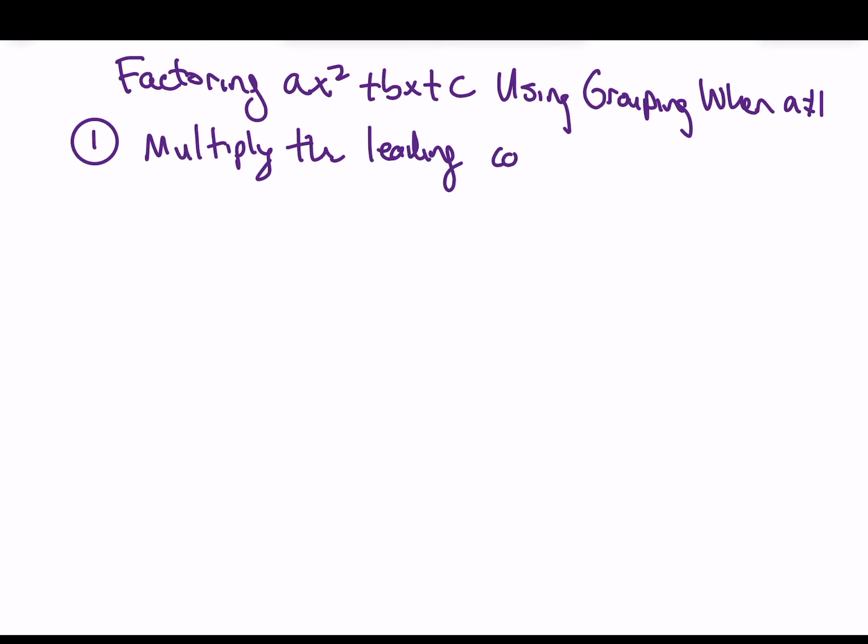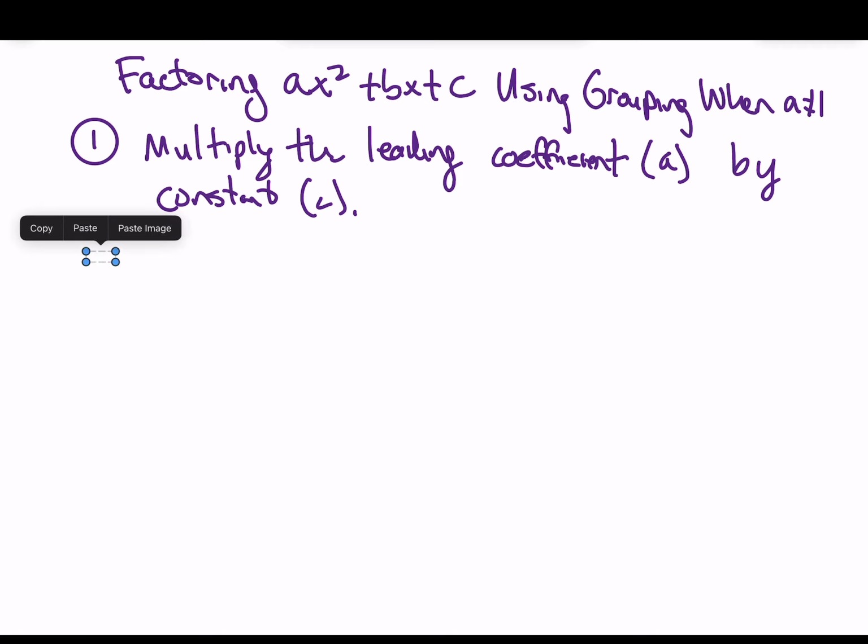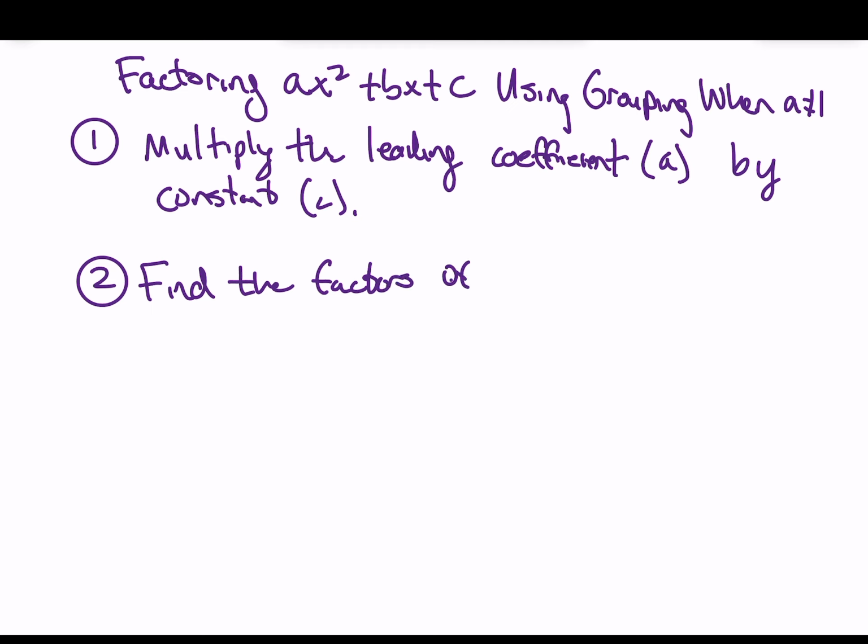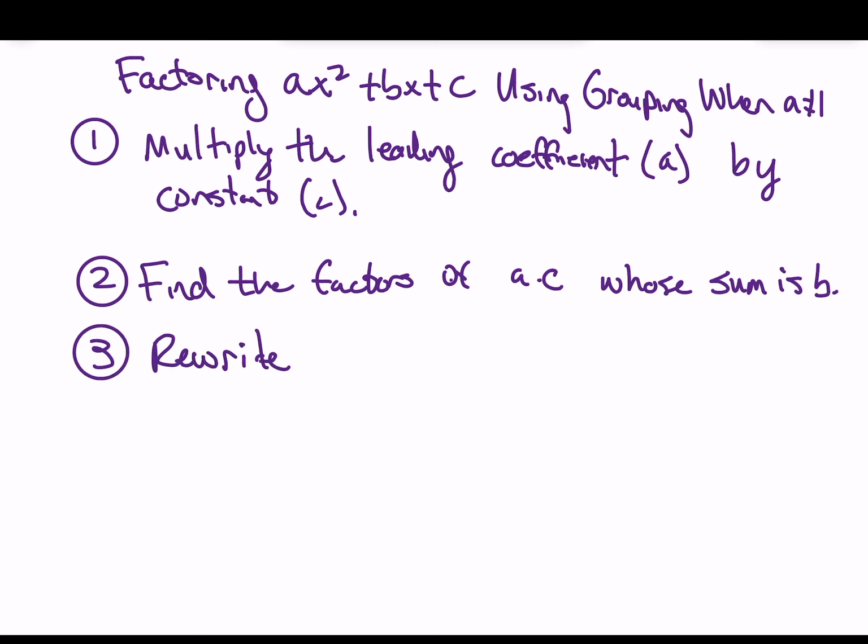Multiply the leading coefficient A by the constant C. Then, step 2, find the factors of A times C whose sum is B. Step 3.